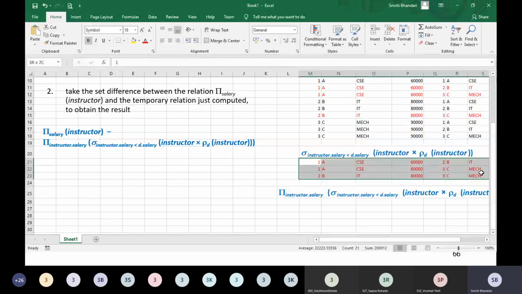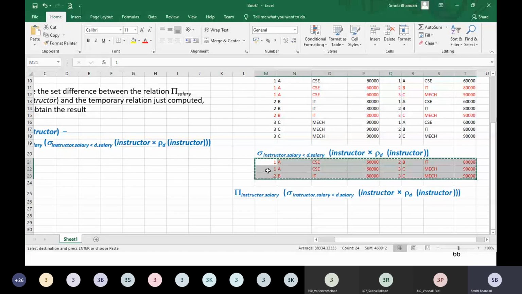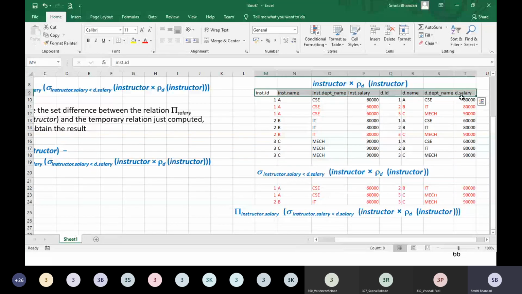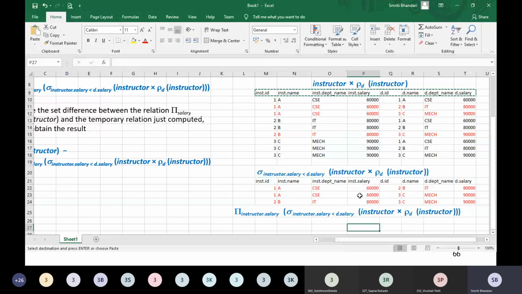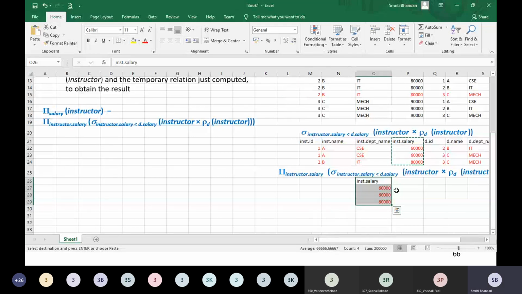Okay, so let me add the title as well that I forgot to add earlier. So these are the attributes, those we are having. Okay, and we are interested in only this instructor salary. So out of this, we are going to extract only this column. Correct?